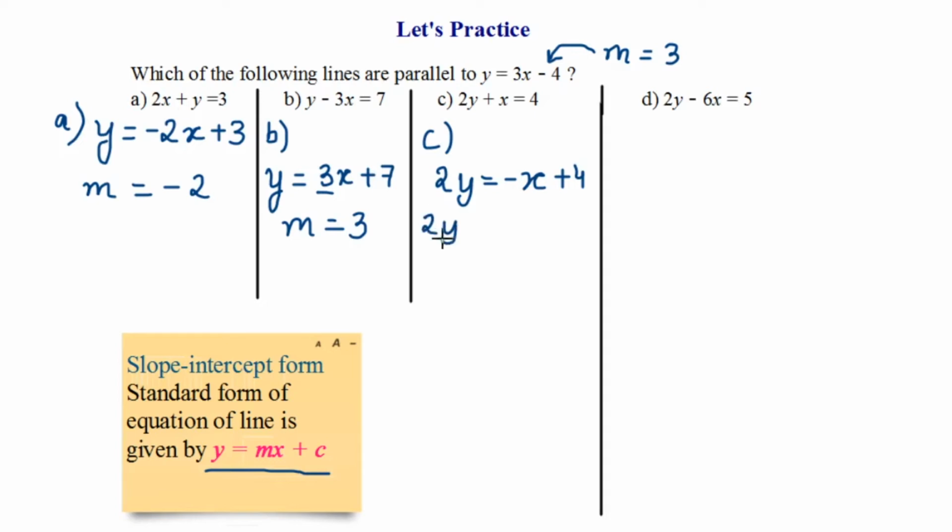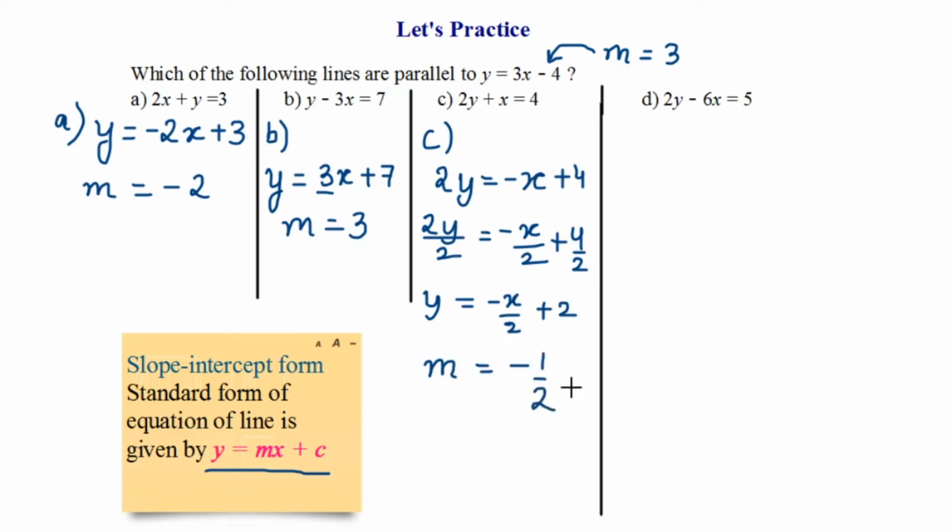Let's do that. 2y by 2 is equal to -x by 2 + 4 by 2. So, y = -x/2 + 2. In this case, the coefficient of x is -1/2 and hence, the gradient is equal to -1/2.